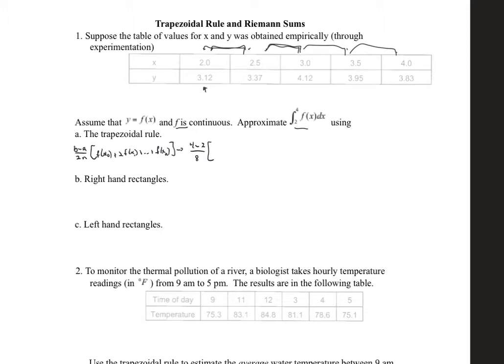That's going to be that first y value, 3.12. We're going to get 2 times the 3.37, 2 times the 4.12, 2 times the 3.95, and then 1 of our last one, the 3.83. So b minus a is 4 minus 2, which is 2, over 8, which makes that 2/8 or 1/4.